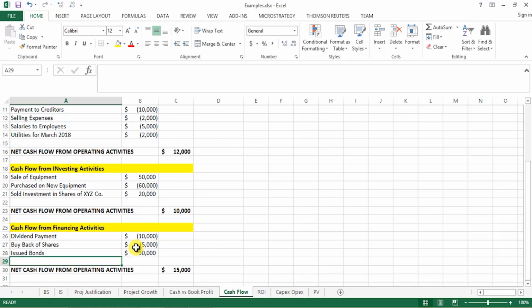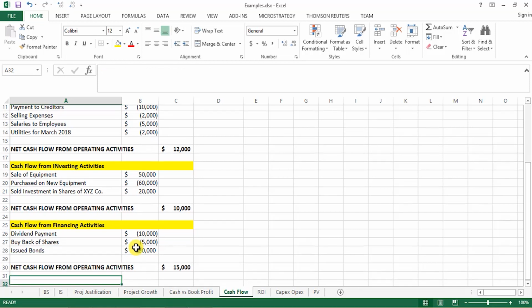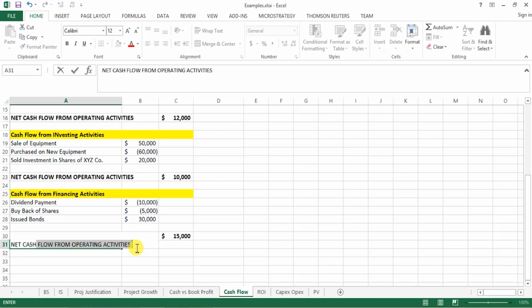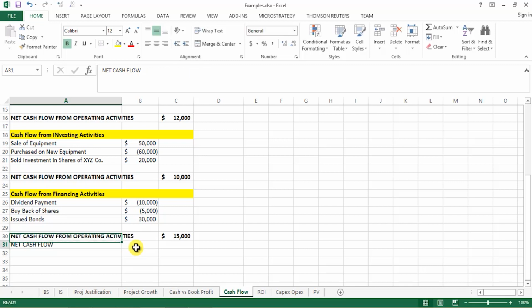I think that's good enough, and we can put a conclusion to our cash flow statement. We need to analyze the ending cash balance for the month of March. Before that, we need to know the net cash flow for March 2018.